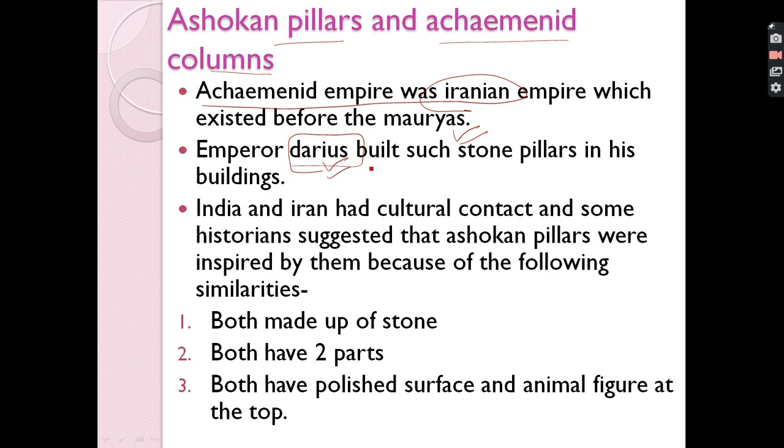If you have read ancient history, you must have read about Darius also. Emperor Darius built such stone pillars in his buildings, right? India and Iran had cultural contacts, and some historians therefore suggested that Ashokan pillars were inspired by them because of the following similarities.